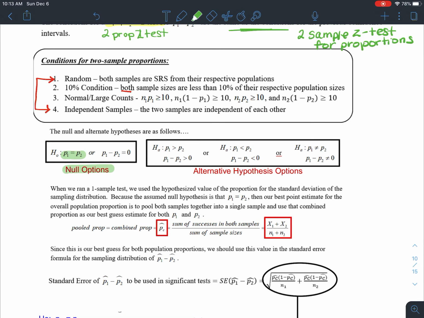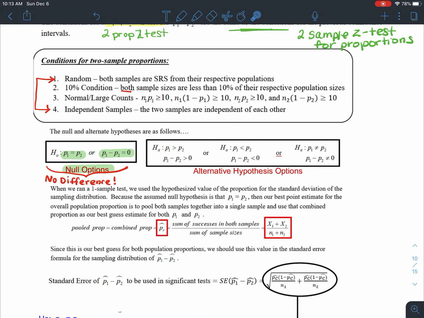You can either say that the 2 proportions are equal to each other, or, essentially saying the same thing, if you were to bring this P2 over to the left side and subtract it, you would be saying that the difference between those 2 population proportions is 0. So in other words, this is always indicating that there is no difference between your 2 population proportions.